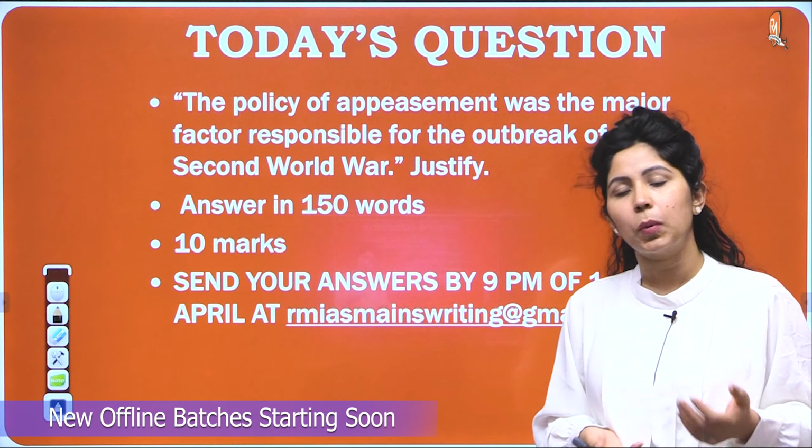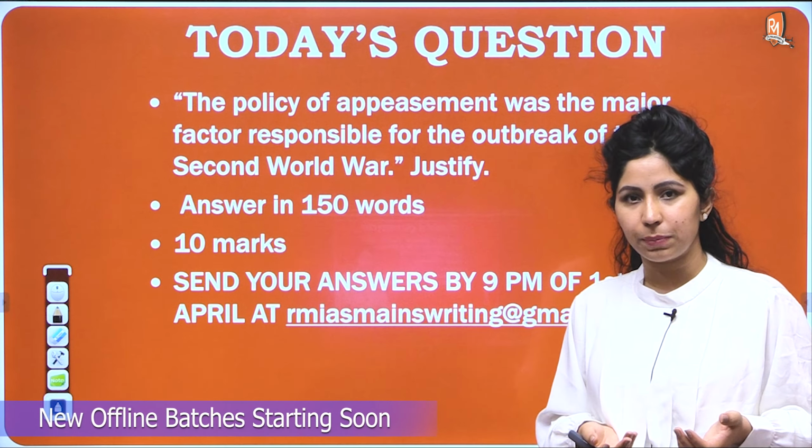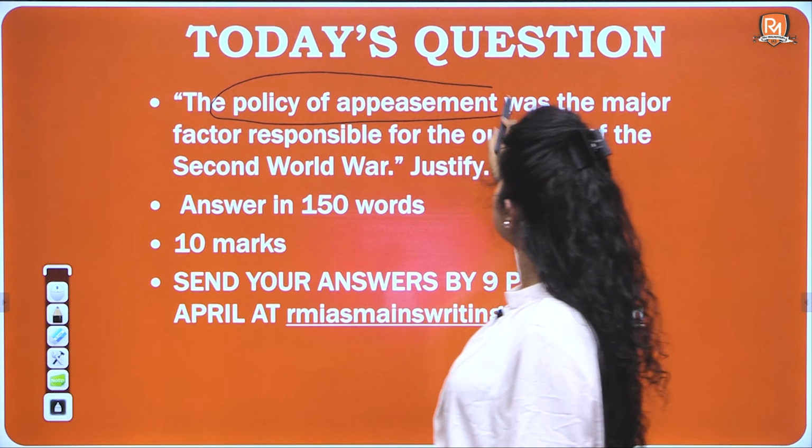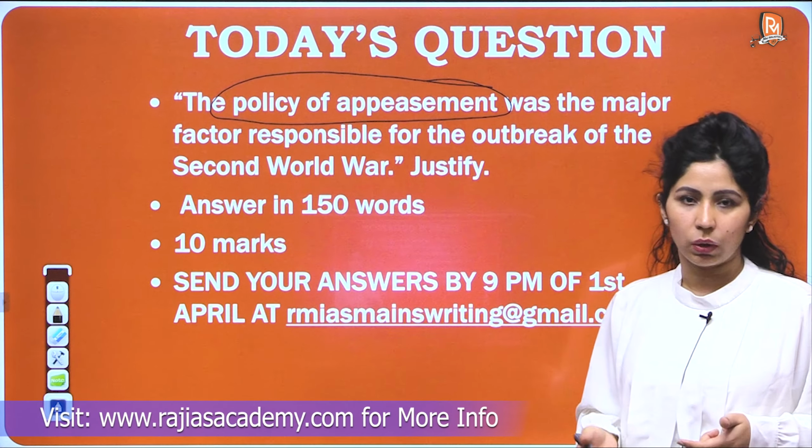The Western nations did it to avoid the Second World War, because the First World War was very disastrous, very violent. So the Western nations did not want a Second World War and neither could they afford it. So they were using this policy of appeasement to avoid the war.